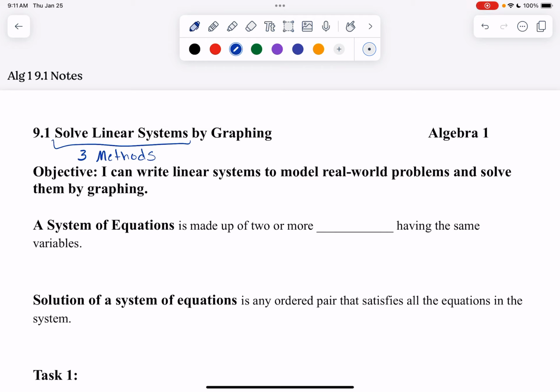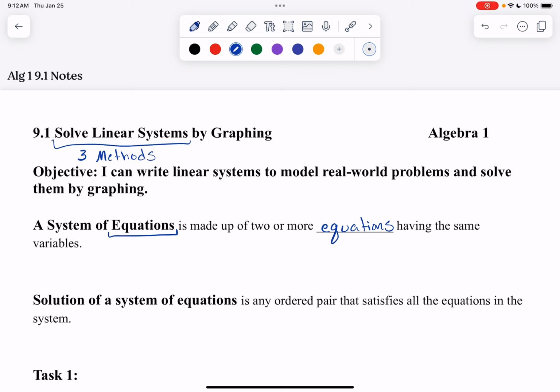So our objective today is to be able to write a linear system and then solve it by graphing. Okay, so first we have to know what is a linear system. A system of equations, hence that word equations, is made up of two or more equations having the same variables.